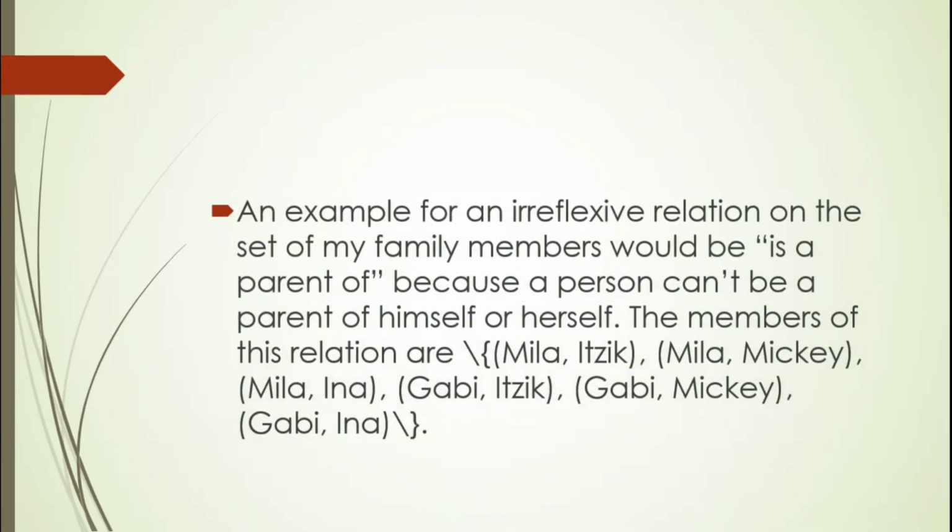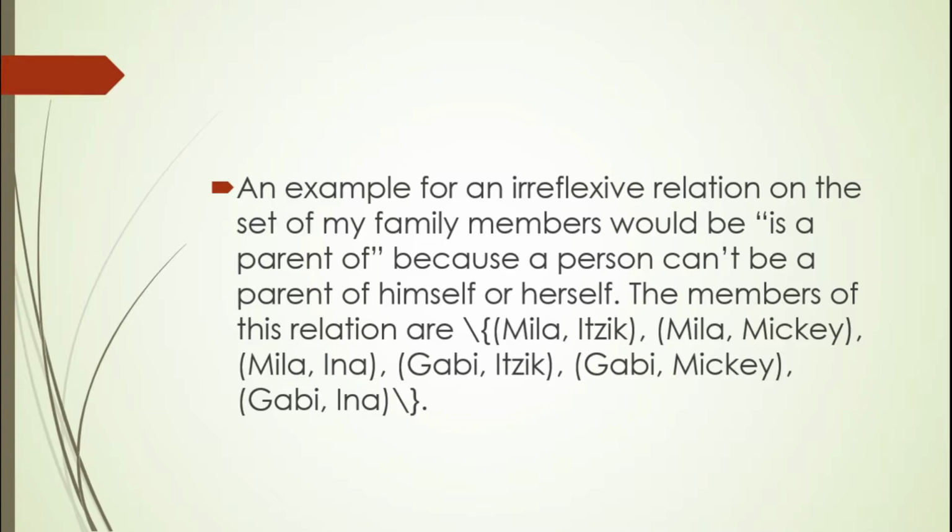An example for an irreflexive relation on the set of my family members would be "is a parent of," because a person cannot be a parent of himself or herself. The members of this relation are (Mila, Itzik), (Mila, Miki), (Mila, Ina), (Gabi, Itzik), (Gabi, Miki), (Gabi, Ina).